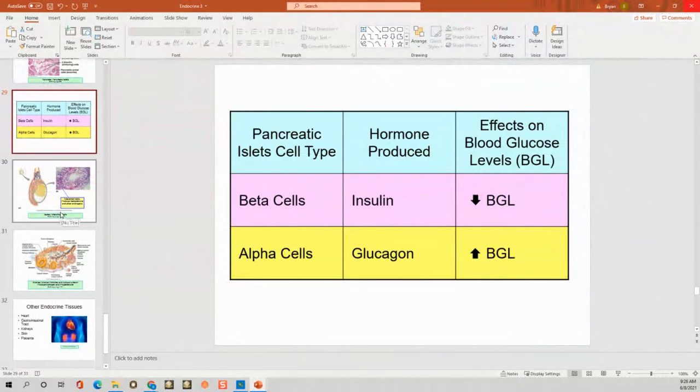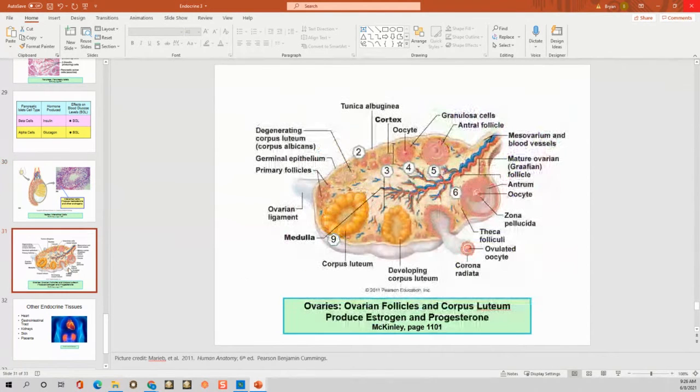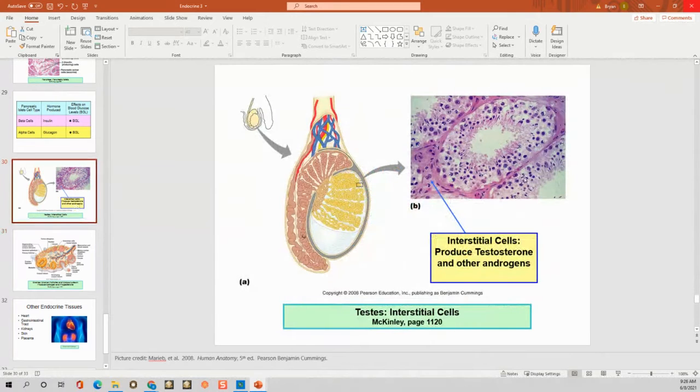The last couple of hormones that we haven't even written on our list, because we're going to talk about them in a lot more detail at the end of the semester, are secreted from your gonads. The gonad is the reproductive organ that produces sex cells. So in the male, the gonad is the testis, and in the female, the gonad is the ovary.